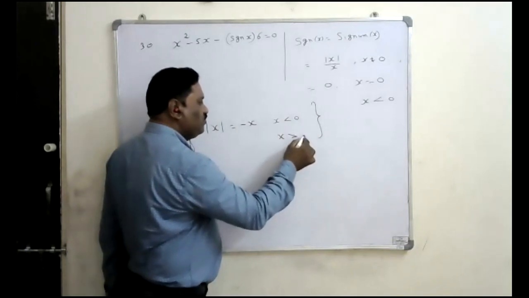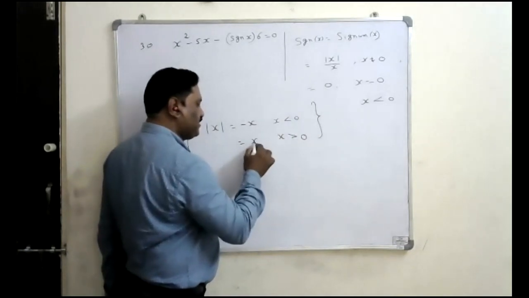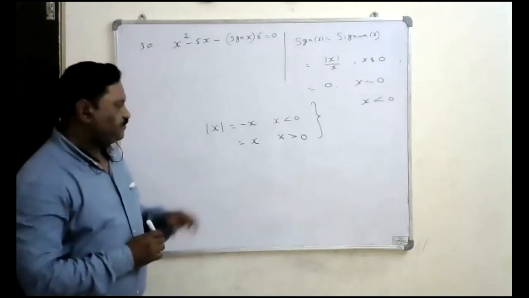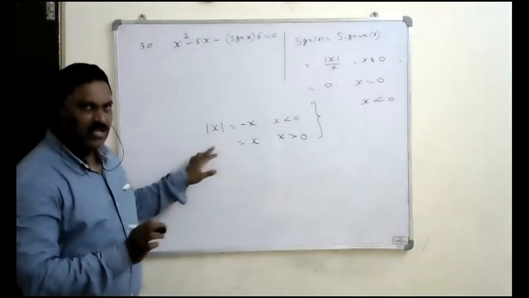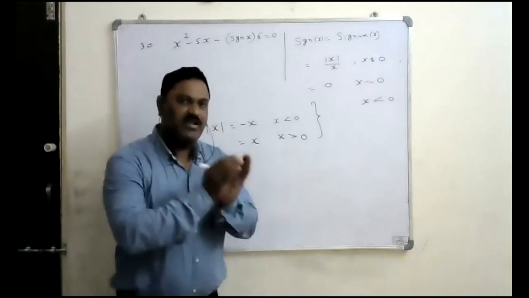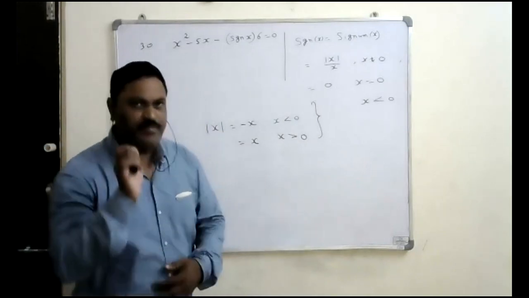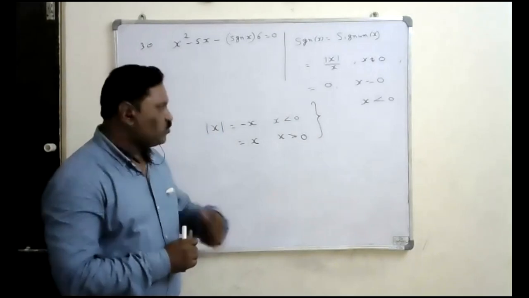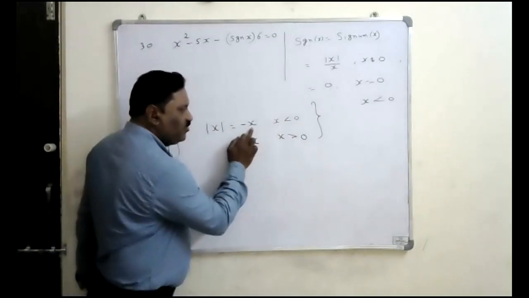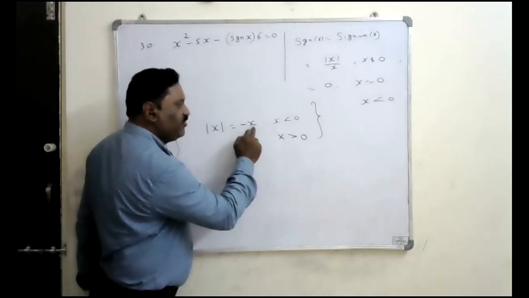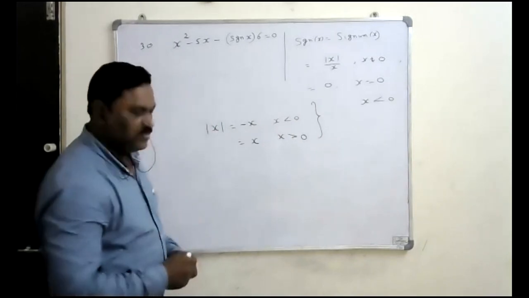When x is positive, mod x is equal to x. Why? Because modulus is a positive function. Any value coming out of the modulus should always be positive. That's why when x is negative, if you multiply by the negative sign, negative into negative is positive.